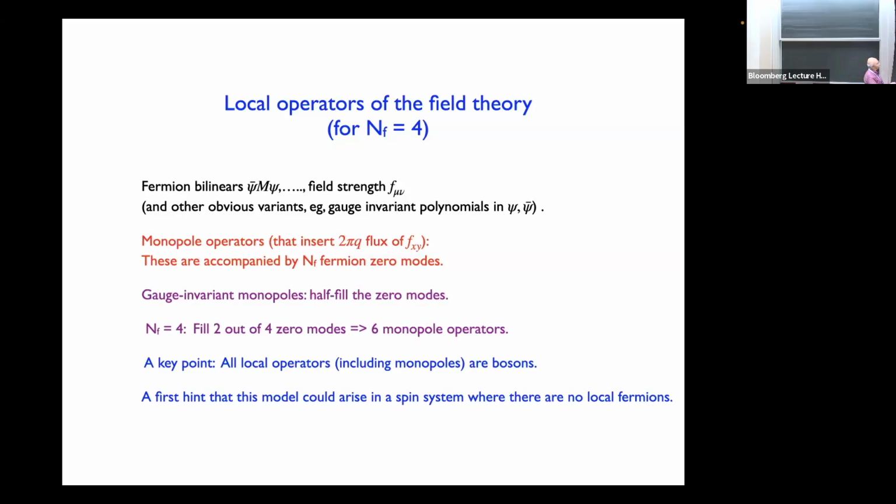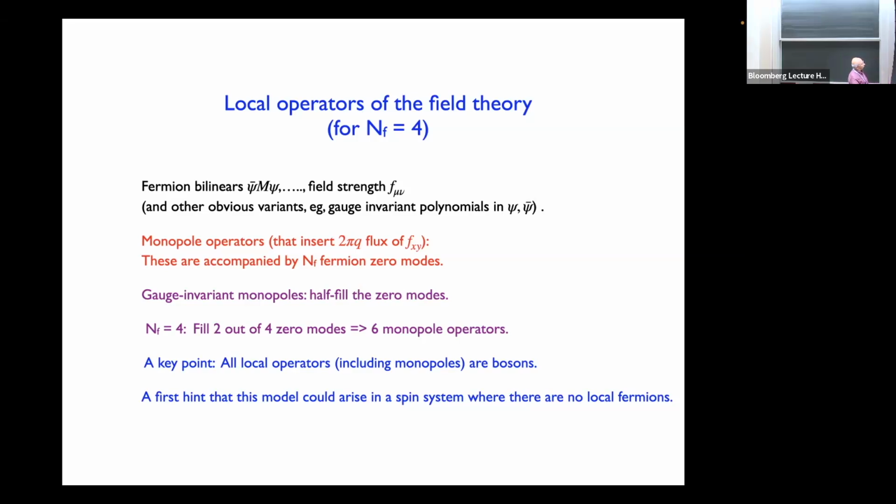So if I have NF fermions, there are NF fermion zero modes. The gauge invariant monopole operator involves filling half of these zero modes. So in the case of NF equals 4, I fill 2 out of the 4 zero modes. That gives me a total of 4 choose 2, namely 6 choices. So there are 6 distinct monopole operators with strength 1, where I have 2 pi flux in the theory.